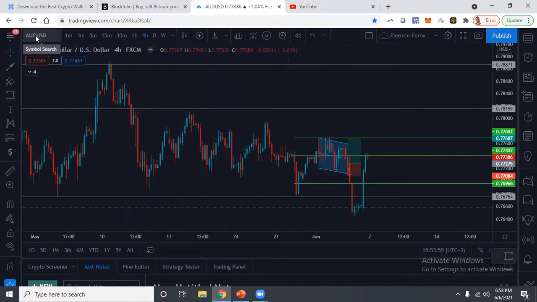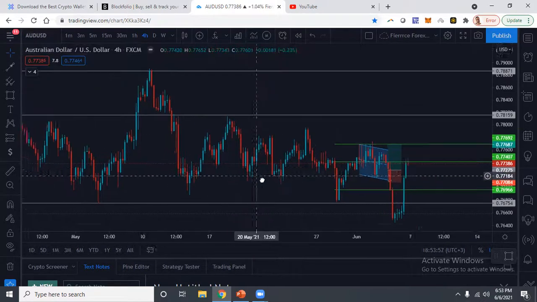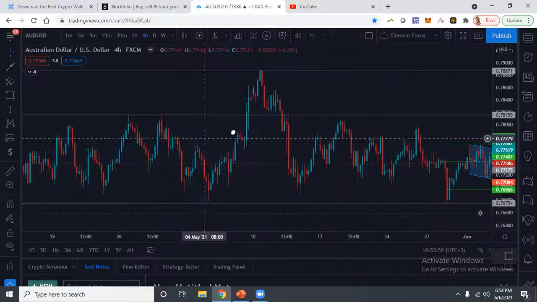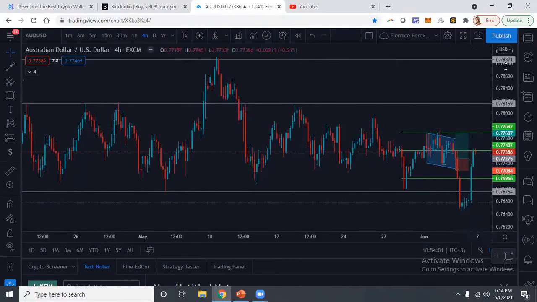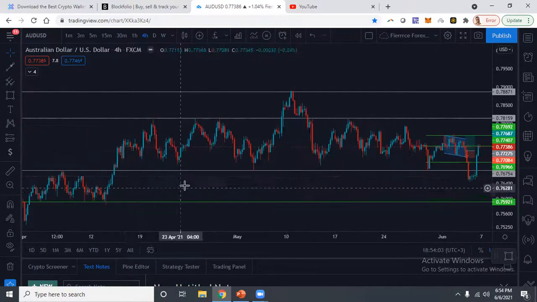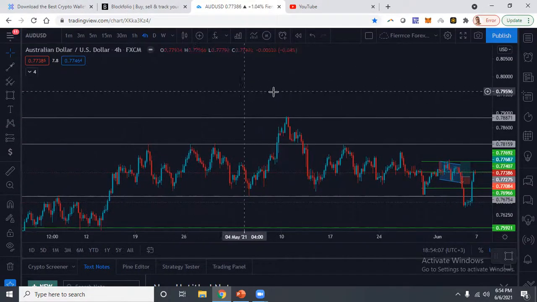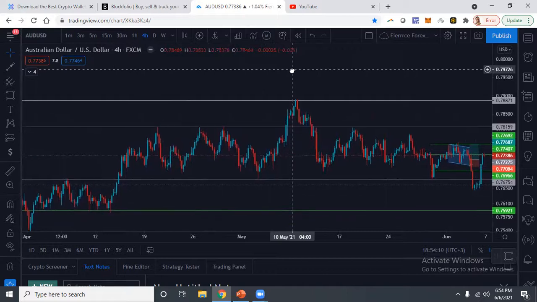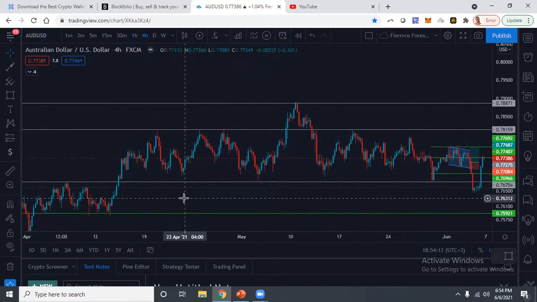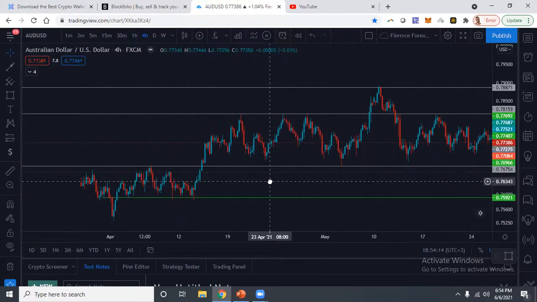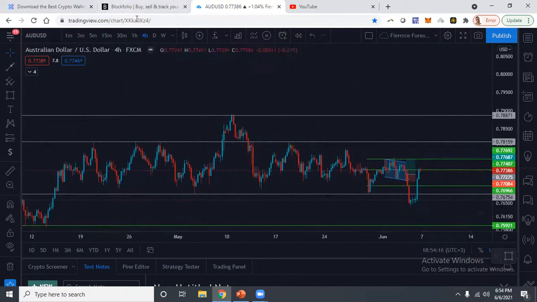So on to our weekly analysis. Usually I look at various currencies, often the ones that I trade often. So that's why I'm looking now at AUD USD.